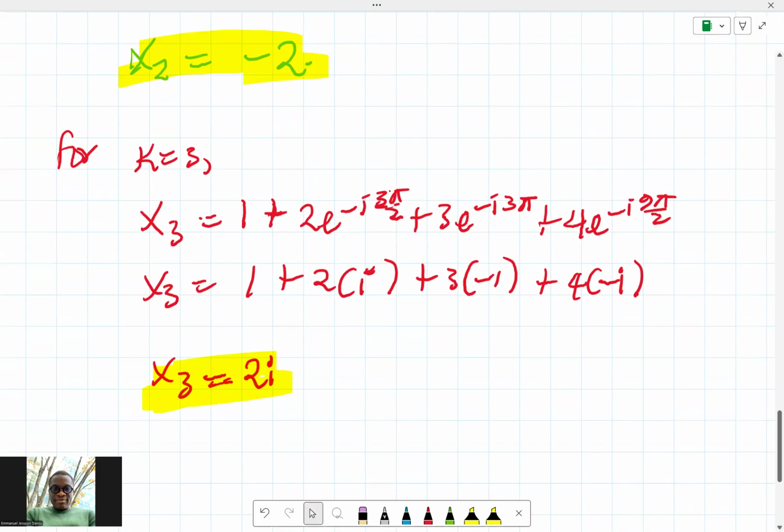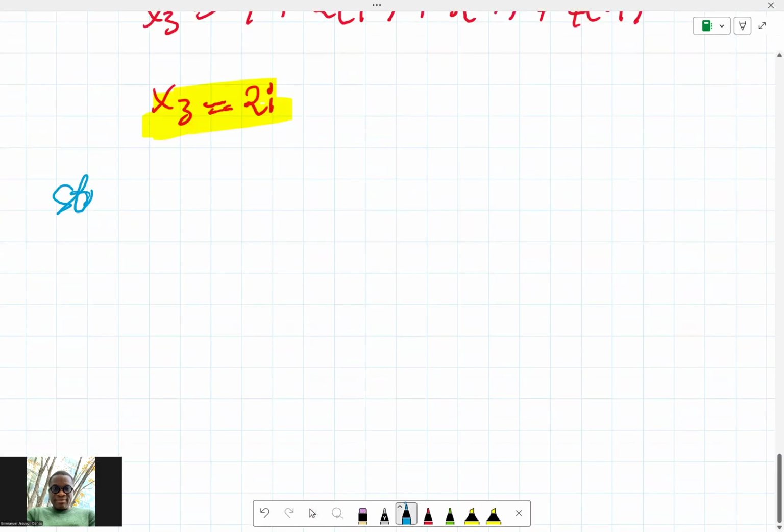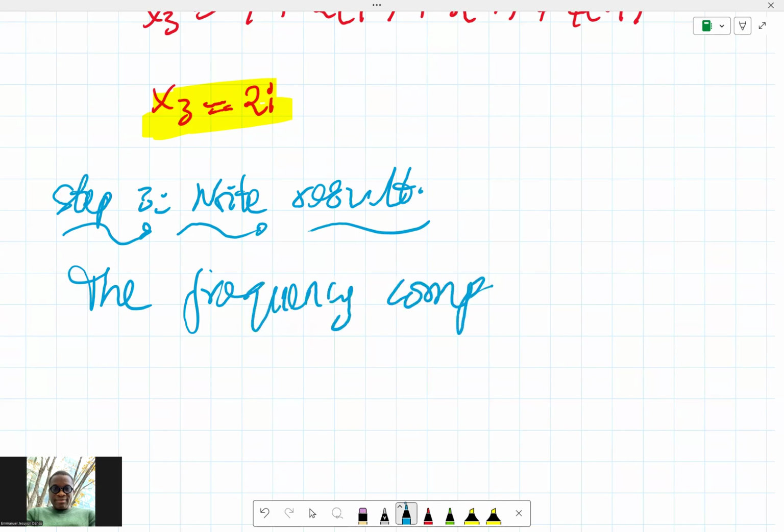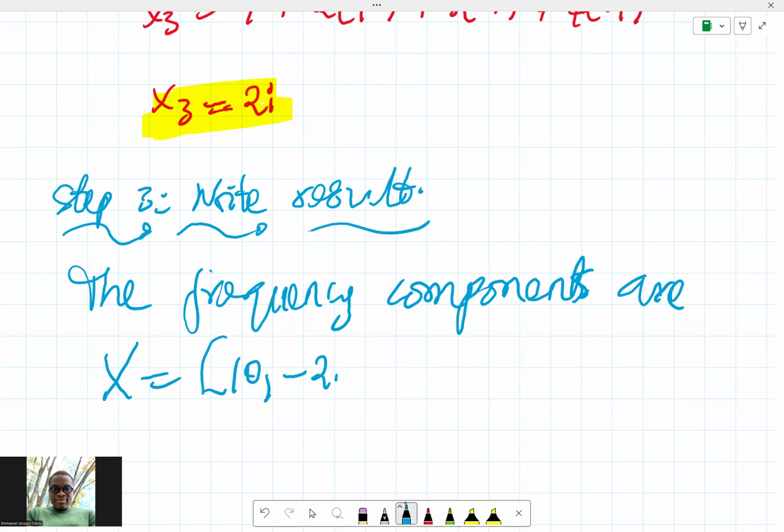So the final step, we are following steps, right? That was step 2. So step 3 is to write the final result. We just say the frequency components are x, which is equal to 10 for the first one, minus 2i for the next one, minus 2 for the next, and then 2i for the last.